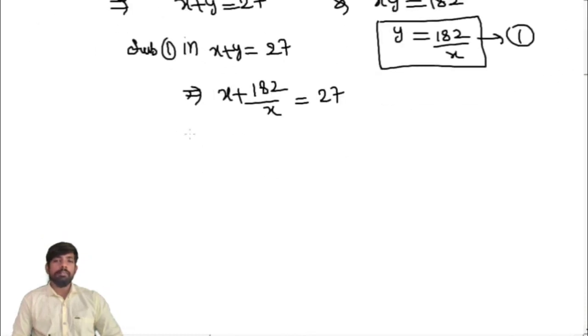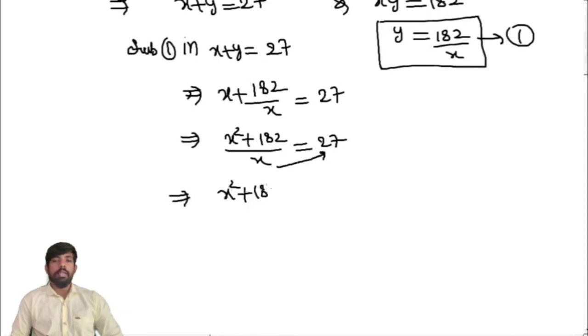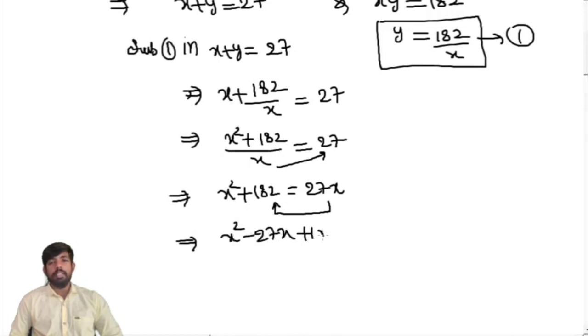So from here, x take LCM, x into x square plus 182 by x is equal to 27. X send it to the right hand side, x square plus 182 is equal to 27 into x. Now bring this 27x to the left hand side, then you will get x square minus 27x plus 182 equal to 0.